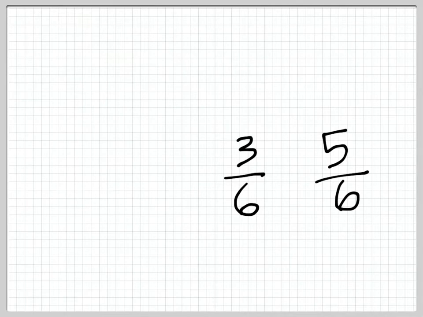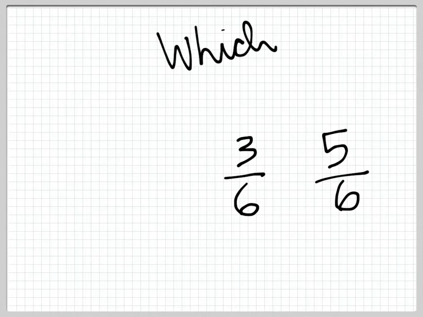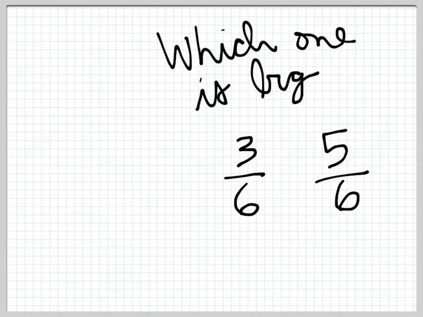When you have two fractions and you recognize that they're not equivalent, meaning they're not equal to each other, they're not the same thing, we can now ask the question, which one is bigger? What we're trying to figure out is what's greater, 3/6 or 5/6?